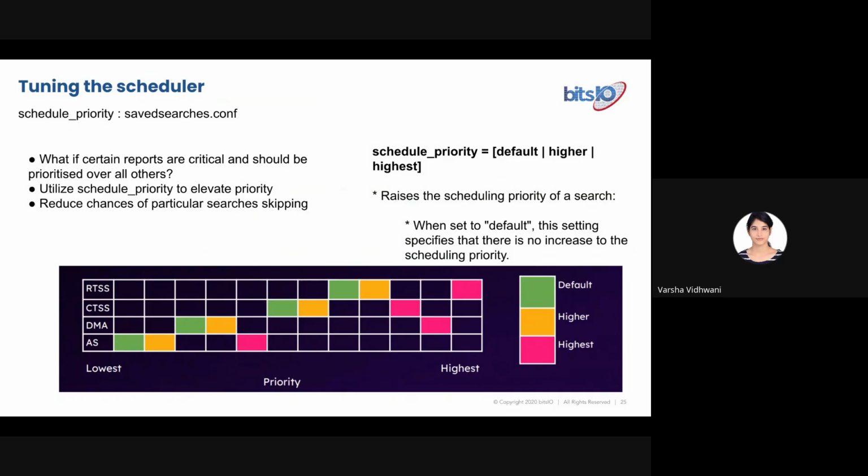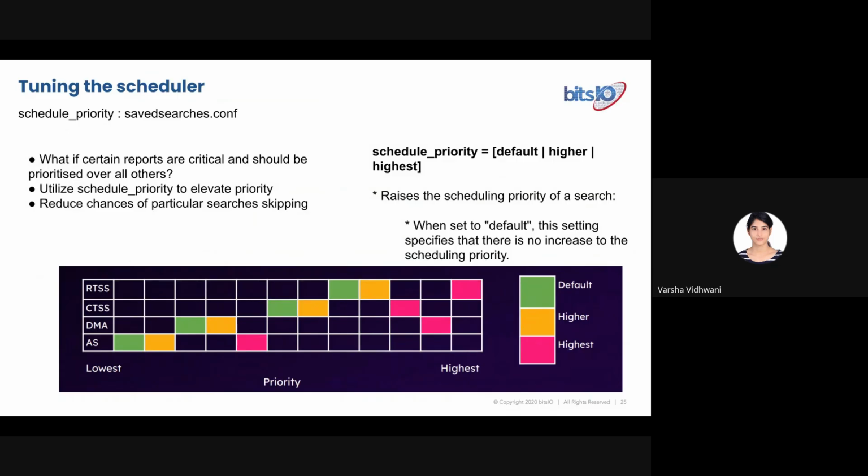In those cases, we don't want them competing with all other searches. We will schedule those with some priority, so that Splunk treats them as more important than the other searches. That is where we can configure this option, schedule priority.